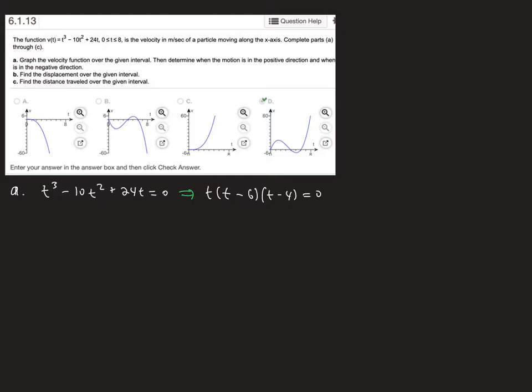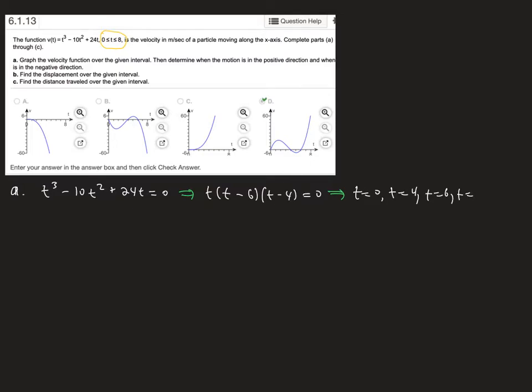And so I can see the values of t for which this is 0. I only care about values between 0 and 8. That's the only part of this that they're going to be using. And so the only values of t that are relevant to me are t equals 0, t equals 4, t equals 6, and t equals 8.